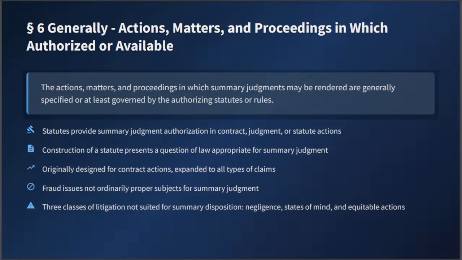And we're on to Section 6, generally, the actions, matters, and proceedings in which authorized or available. The actions, matters, and proceedings in which summary judgments may be rendered are generally specified or at least governed by the authorizing statutes or rules. So statutes provide summary judgment authorization in contract, judgment, or statute actions.